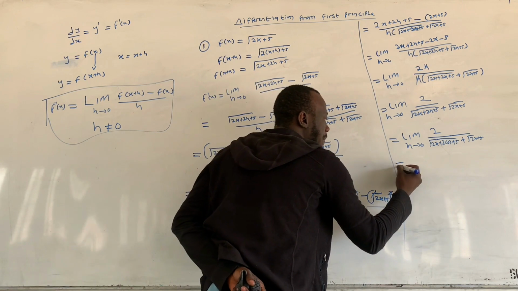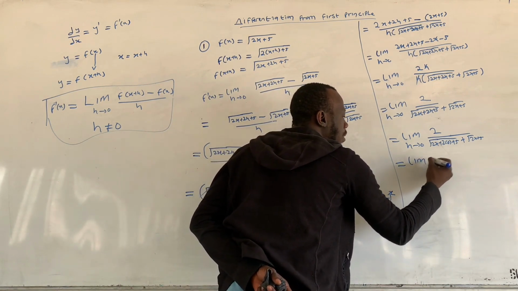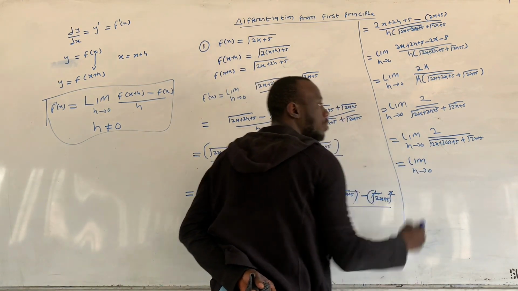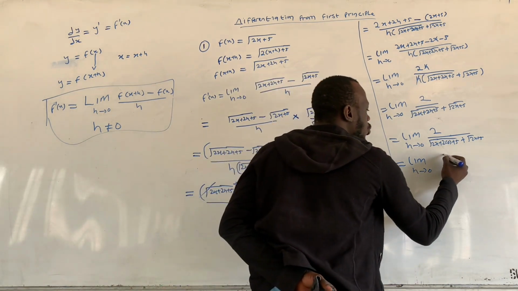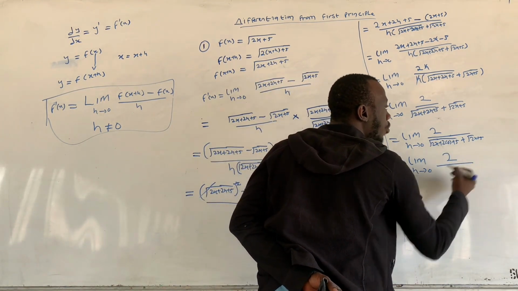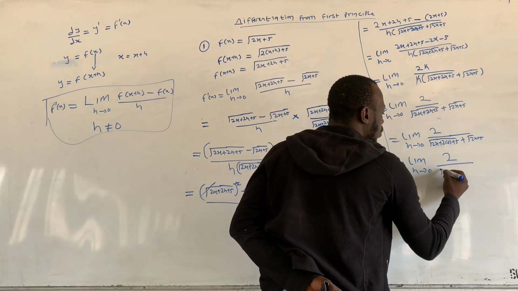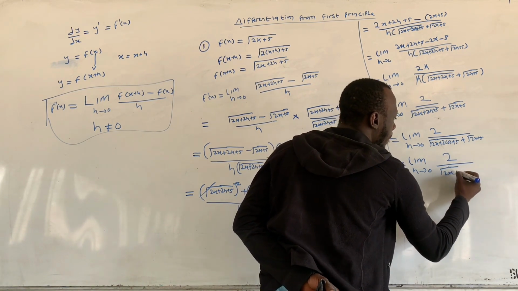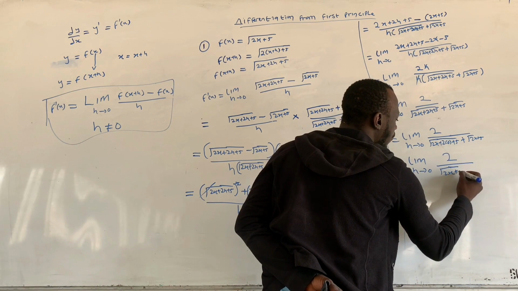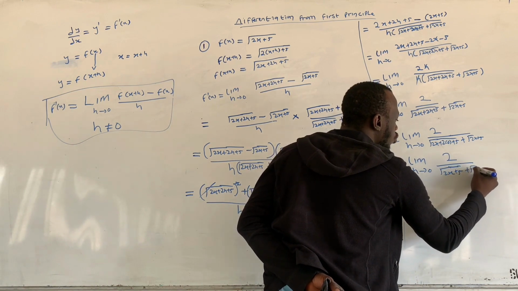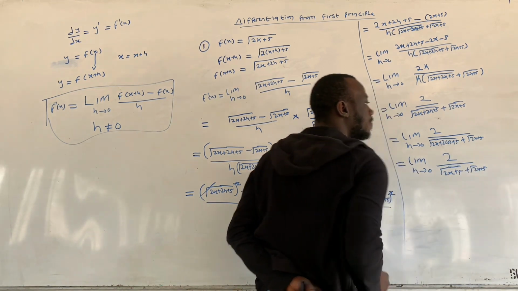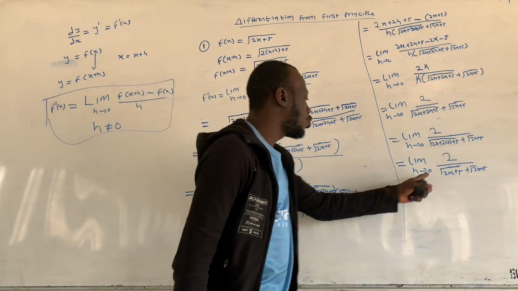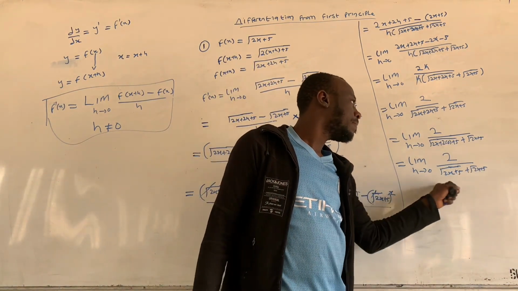So now this becomes lim as h approaches 0 of 2 all over root 2x plus 5 plus root 2x plus 5. Now these two are the same.